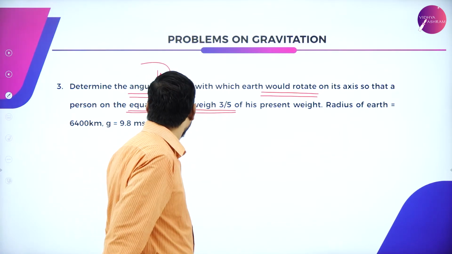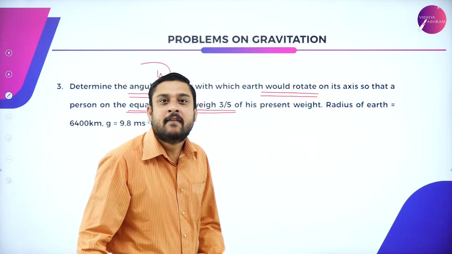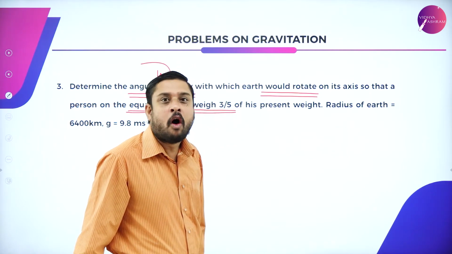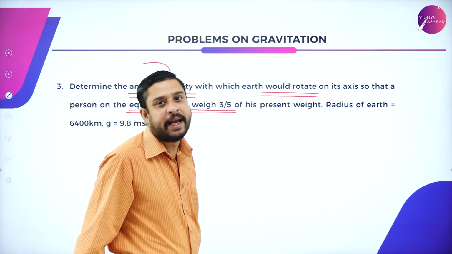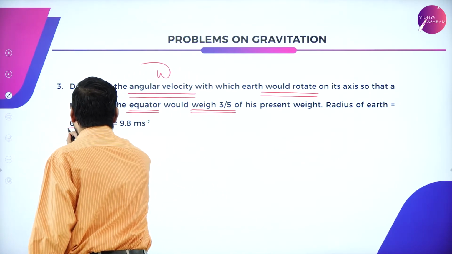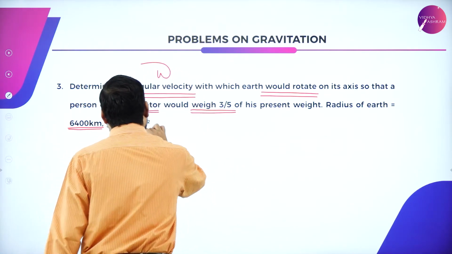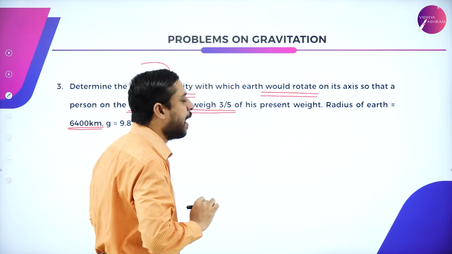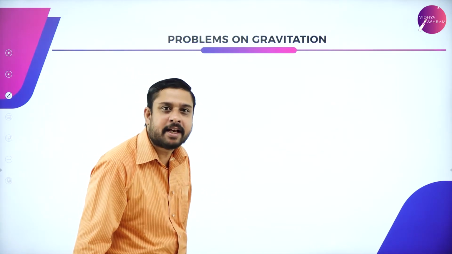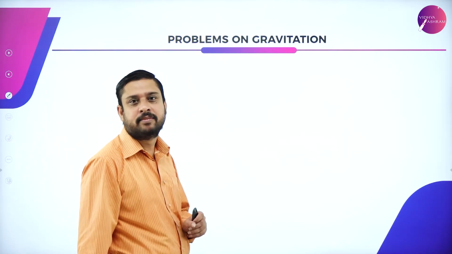A person who is on the equator will weigh how much? 3/5 of his present weight. Radius of the earth is 6,400 kilometer and G is so much. Remember, I am calculating the angular velocity.